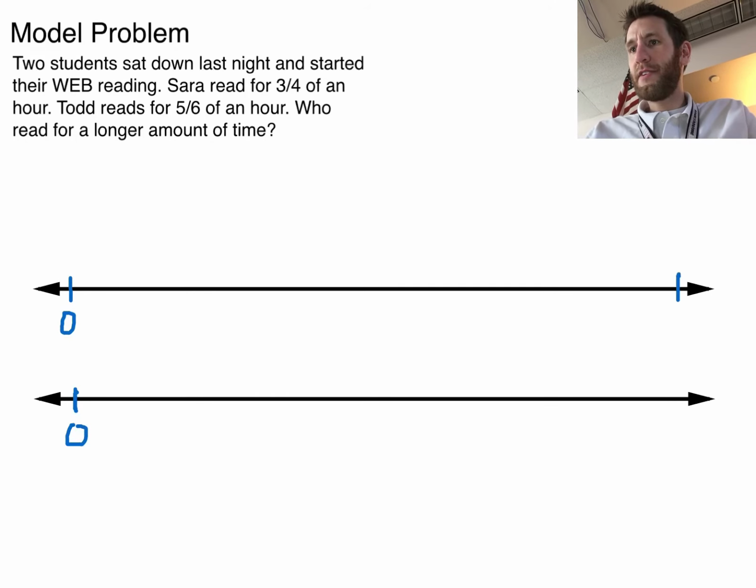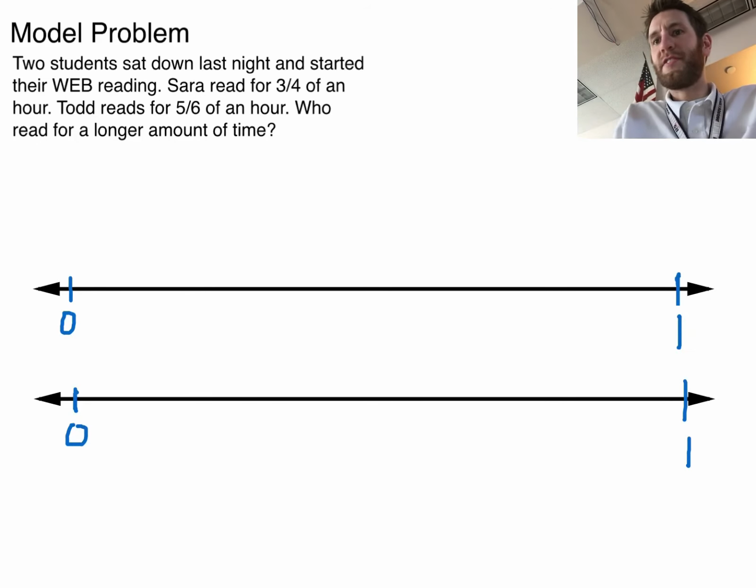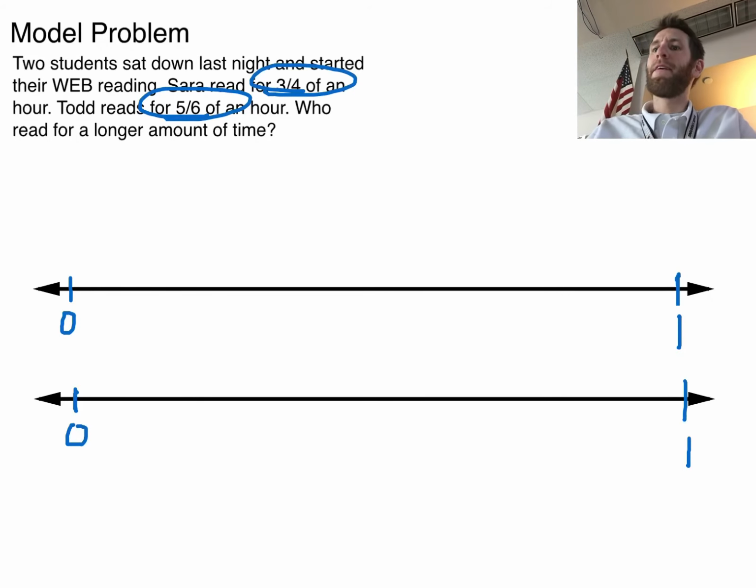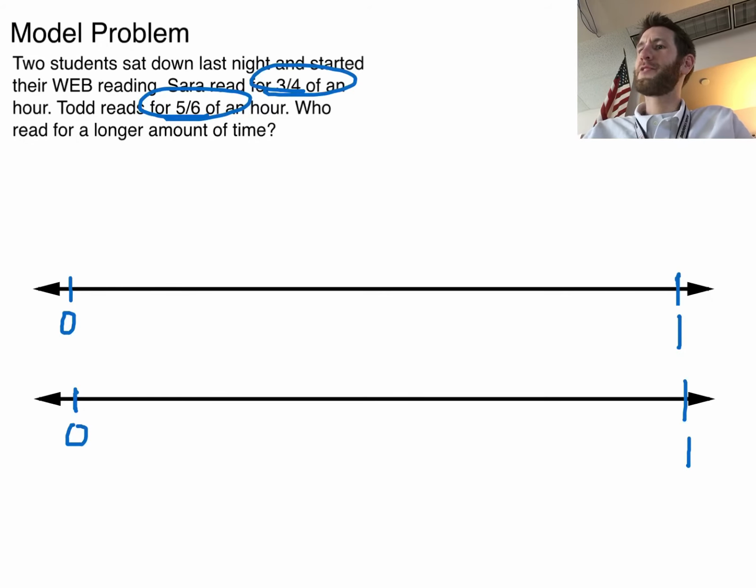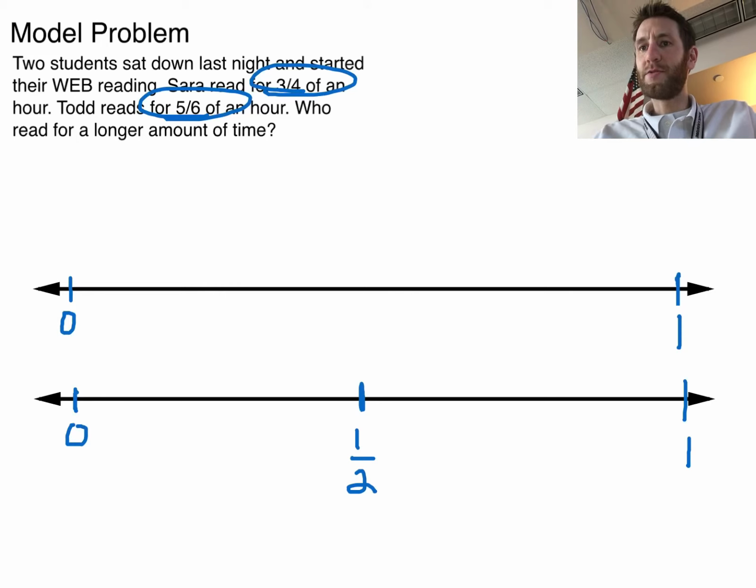And this right here would be 1 hour, since both of these numbers, 3/4 and 5/6, are less than a full hour. But I'm going to use some benchmark fractions, and the one that I'm going to use is 1/2. And I'll use 1/2 for both.